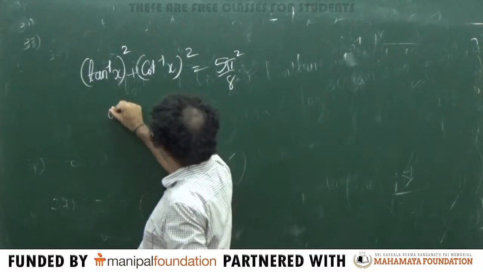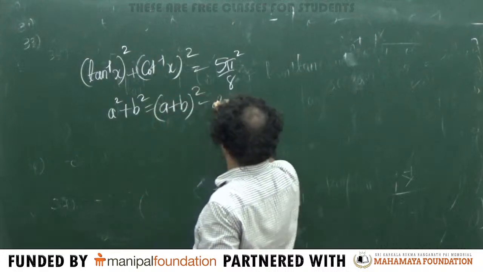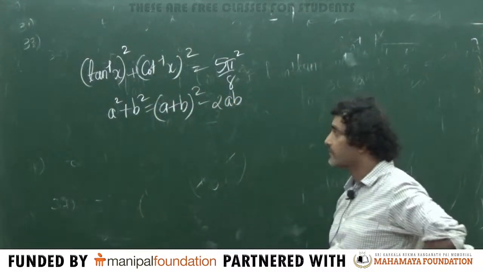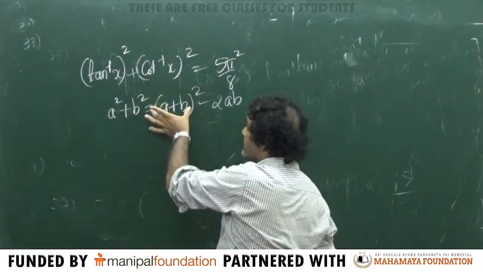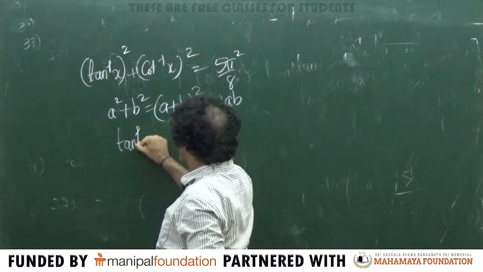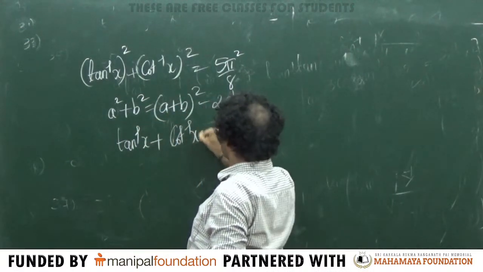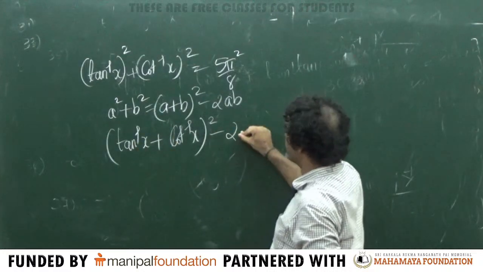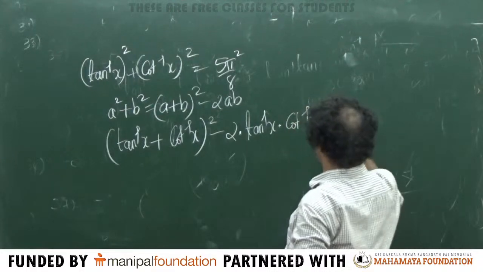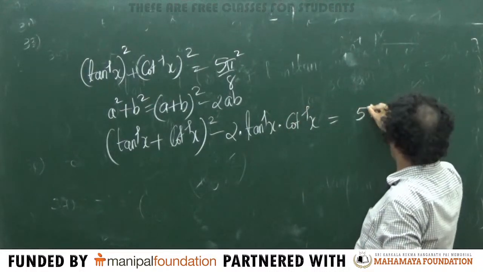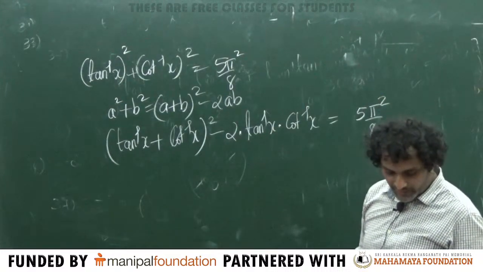And do we know another rule, that a square plus b square is a plus b the whole square minus 2ab? Correct, right? So isn't this a square and this b square? So I'll take it as tan inverse x plus cot inverse x the whole square minus 2 tan inverse x into cot inverse x is equal to 5 pi square by 8. So how do you go ahead?